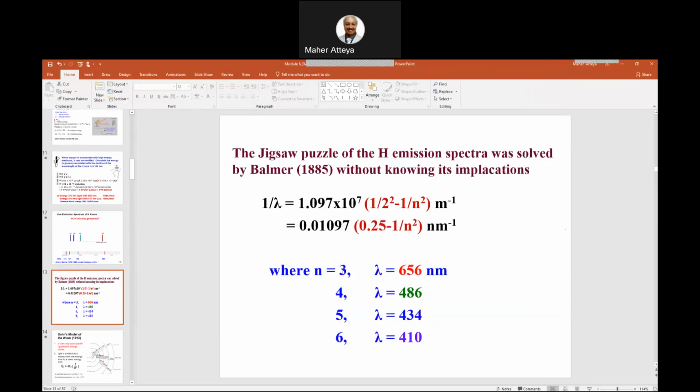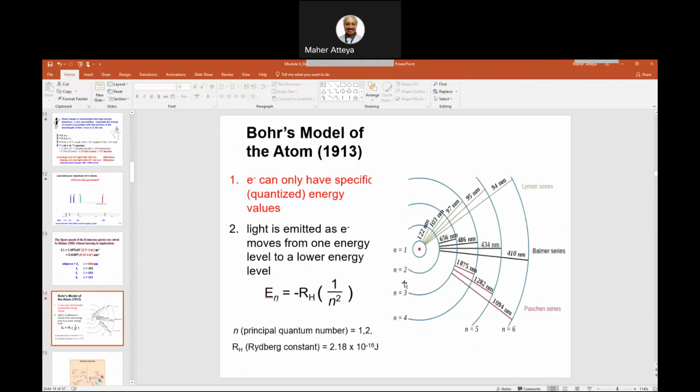And this is the energy level itself. n number 1 is close to the nucleus, then n number 2, 3, 4, up to 7, because we have 7 levels. That's the energy level, and you can see the different colors: greenish, violet, and so on.